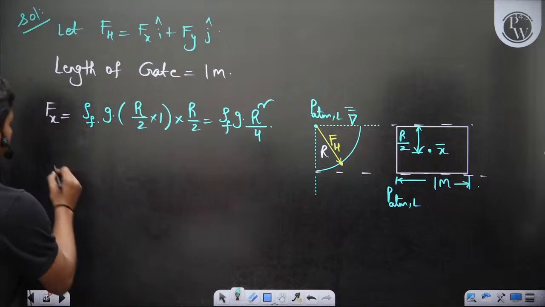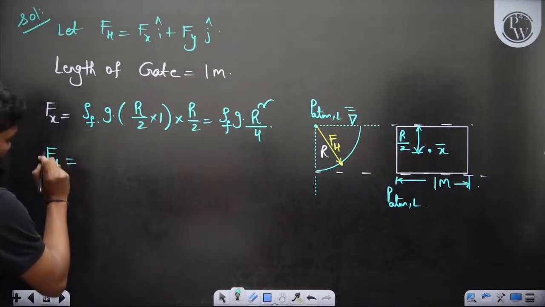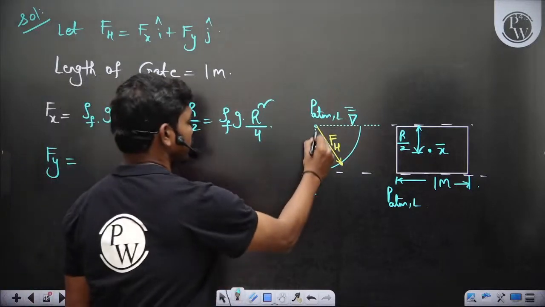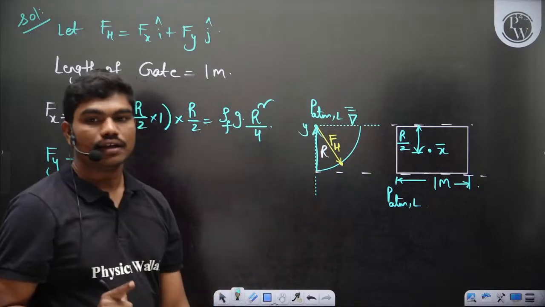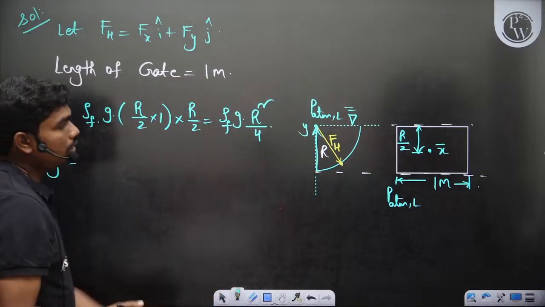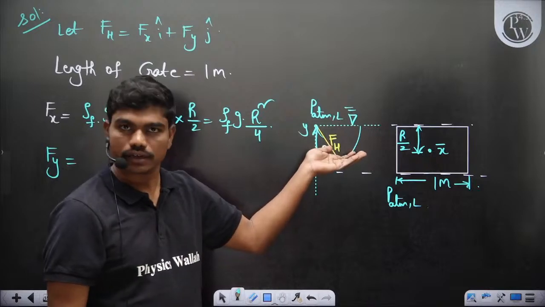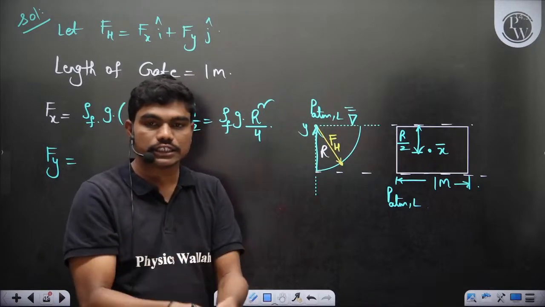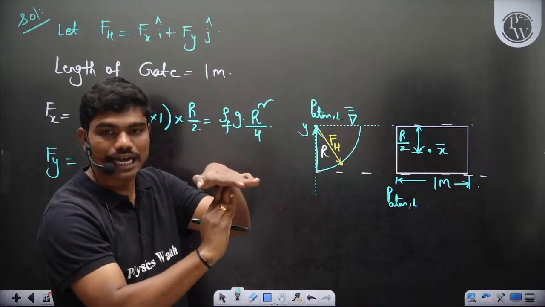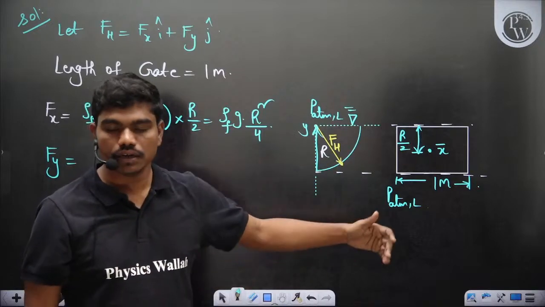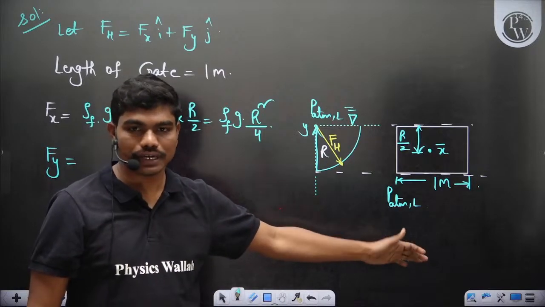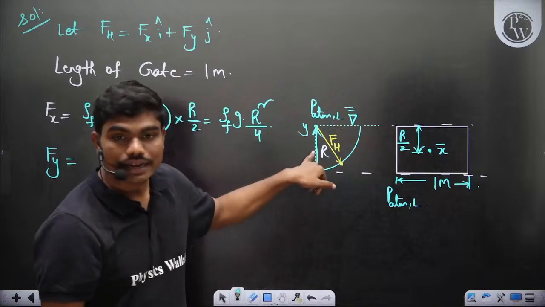So what would be Fy? Fy, the y direction. If you take this as the y direction, then the y direction force is nothing but the weight of the fluid supported by the gate, correct? Because anything in the vertical direction, if you take the plane perpendicular to the vertical axis, you will completely get that direction. I'm not deriving it as of now, but normally in detailed courses we would derive it. So you can see Fy is the weight of the fluid.